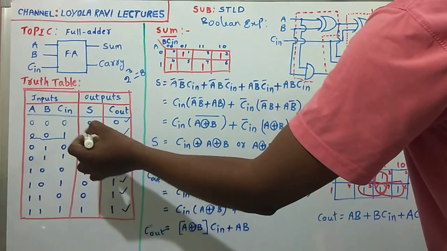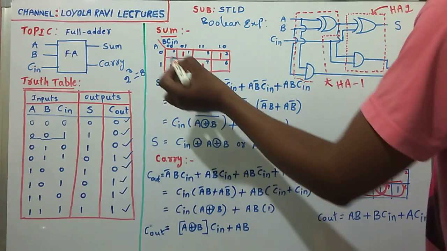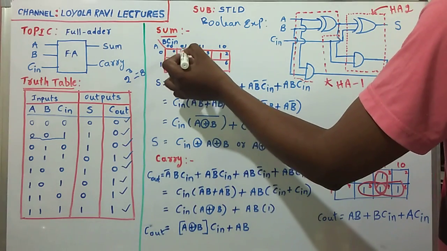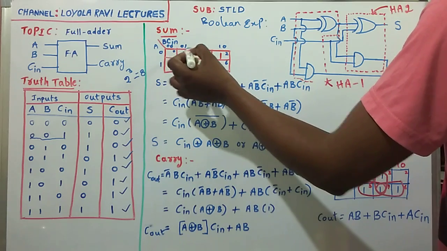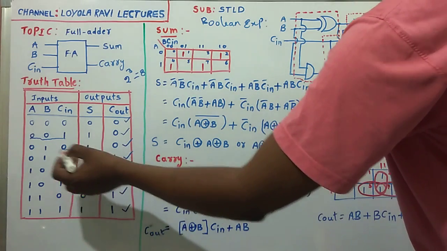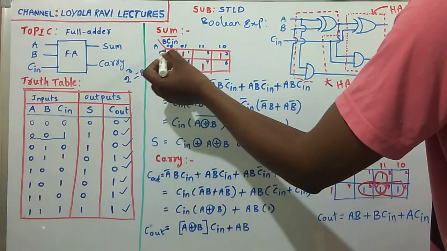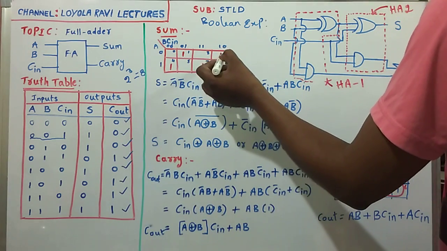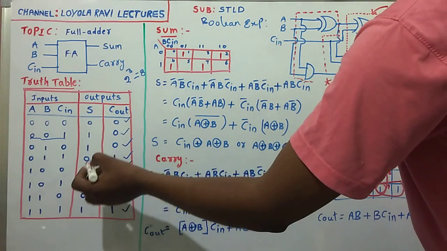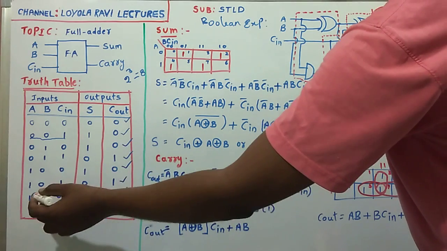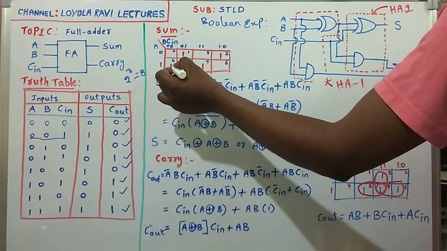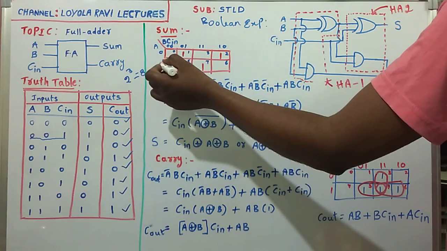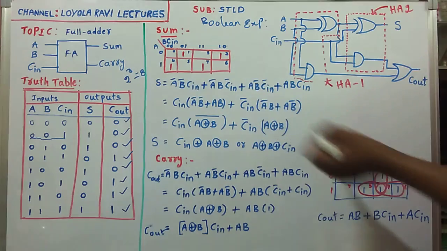At 0, 0, 1 sum is 1, so that is a minterm. In the same manner, 0, 1, 0 is also 1. Then where we have another one, 1, 0, 0 is 1 and 1, 1, 1 is 1. These are the ones we are getting.